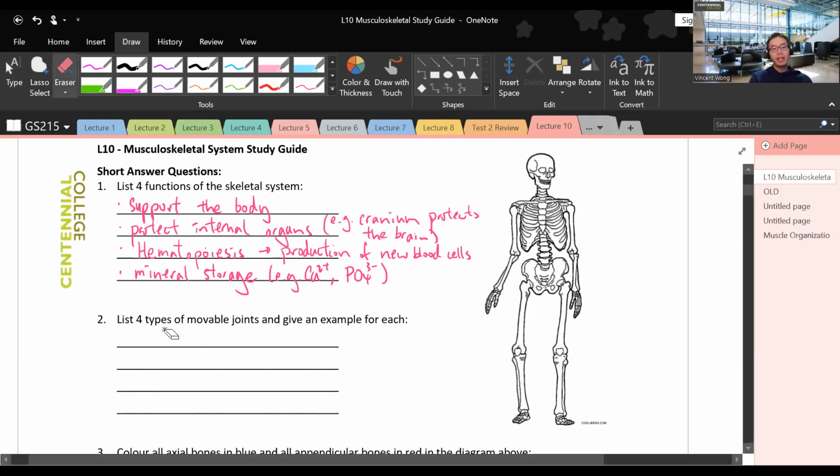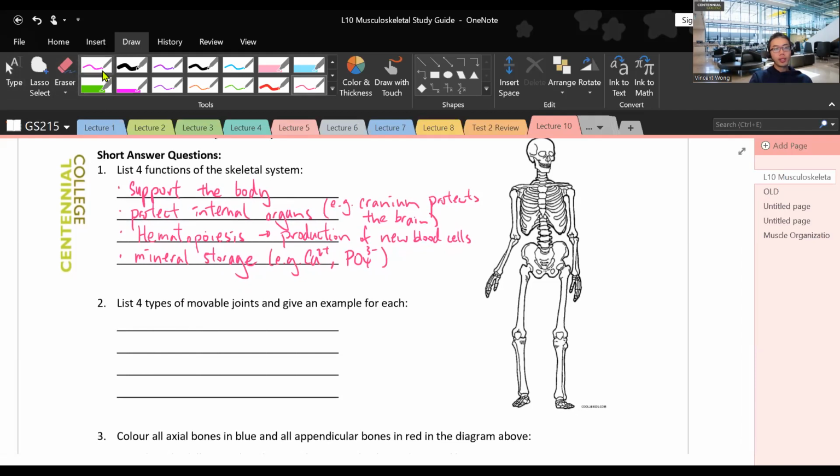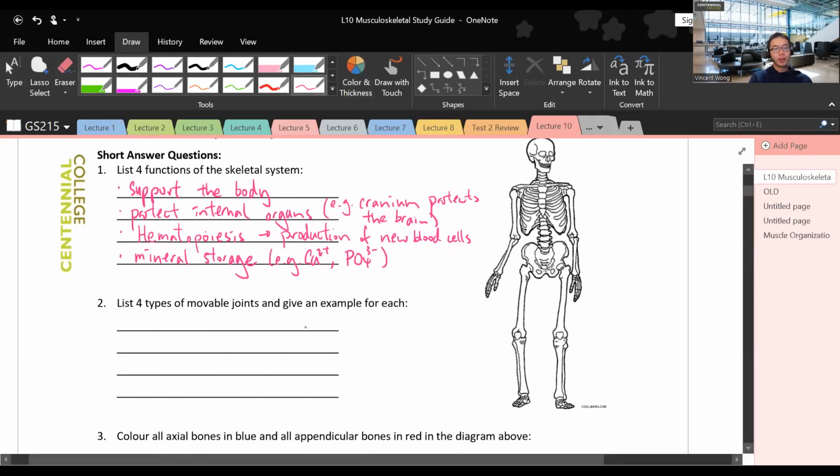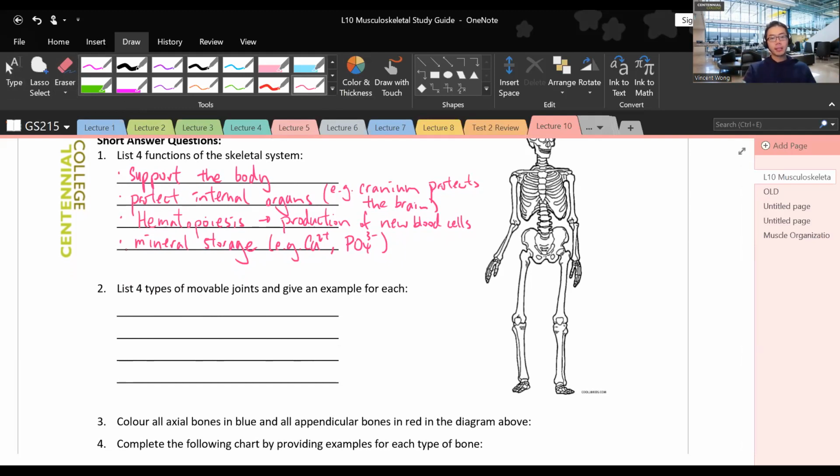Anybody remember any of the movable joints? Just want to throw it out there and see if any of you remember. Yes, Tina, the atlas and the axis, that would be an example of what kind of joint though? You have given me an example, but what category would that be? Is it a hinge joint? Is it a pivot joint? Like what is it?